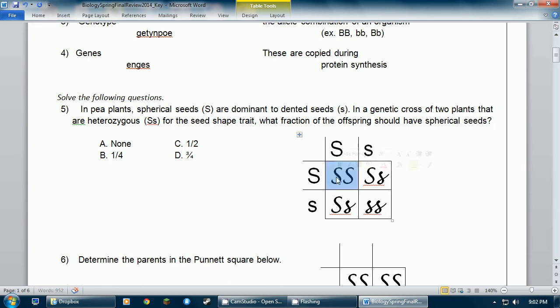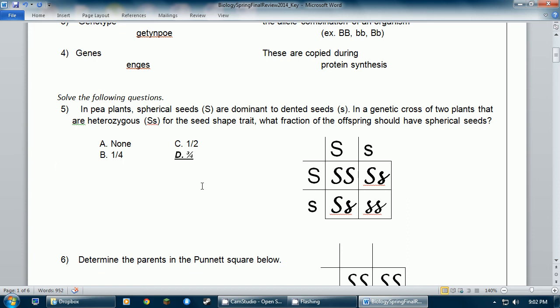So that would be this one, because it has at least 1 copy of the dominant, this one, and this one. This is recessive, therefore, of those, 3 out of 4 children would be predicted to have spherical seeds. And so that is why your answer is 3/4.